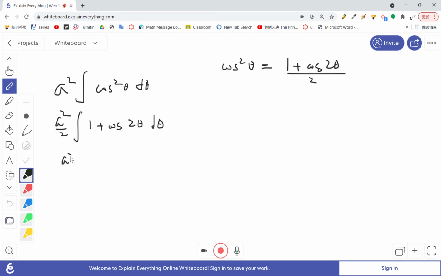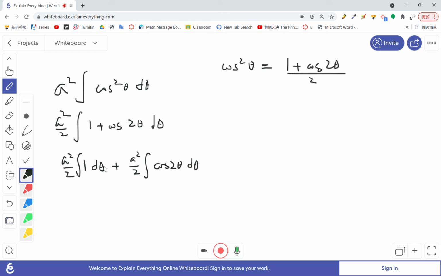This turns into a squared over 2 times the integral of 1 d theta plus a squared over 2 times the integral of cosine of 2 theta d theta.